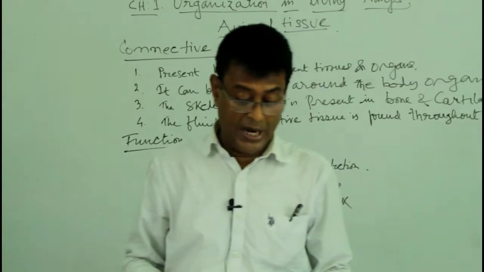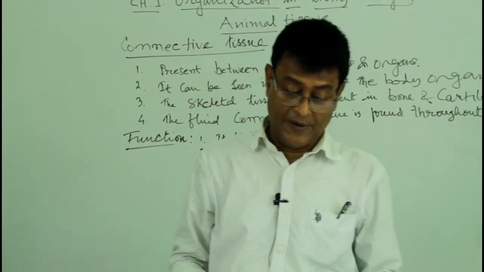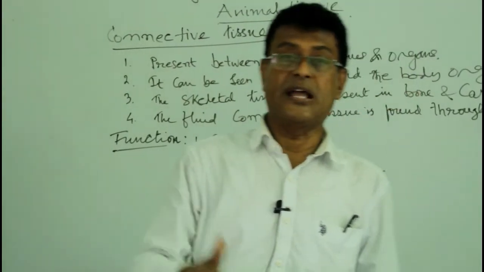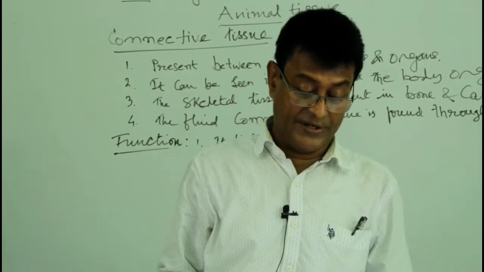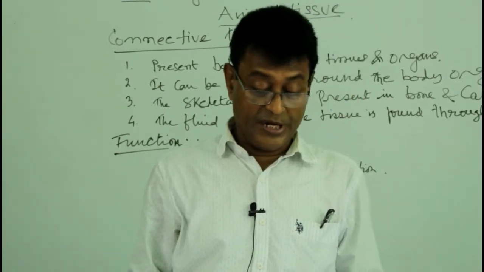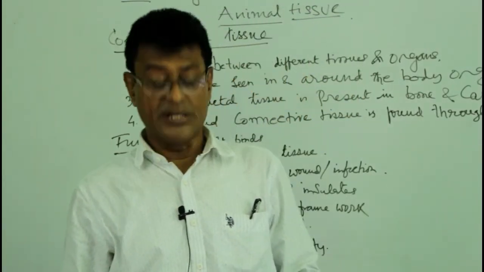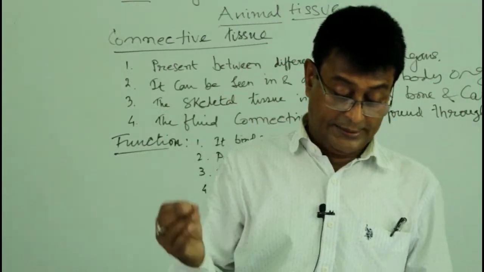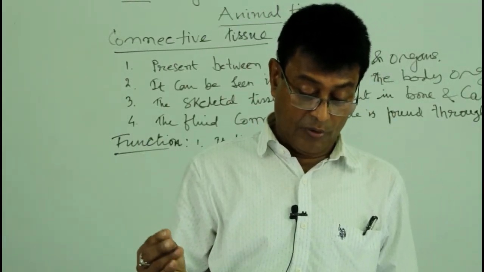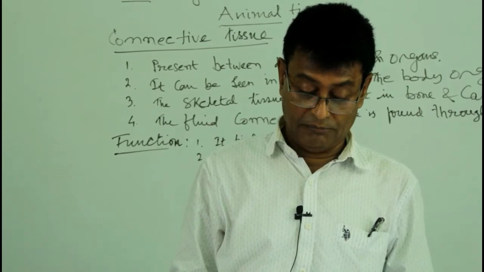We have white fibrous tissue which is found in the tendons that I have explained just now. Next is adipose connective tissue. Now what is adipose connective tissue? This tissue is oval or round and is filled with oil.